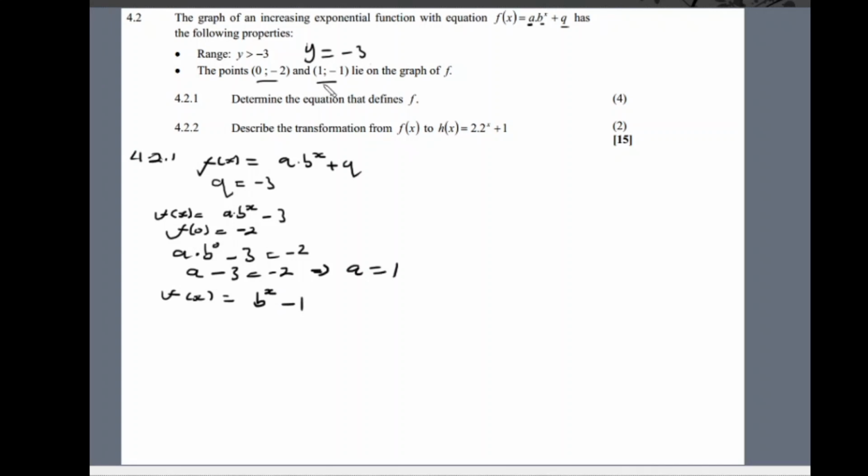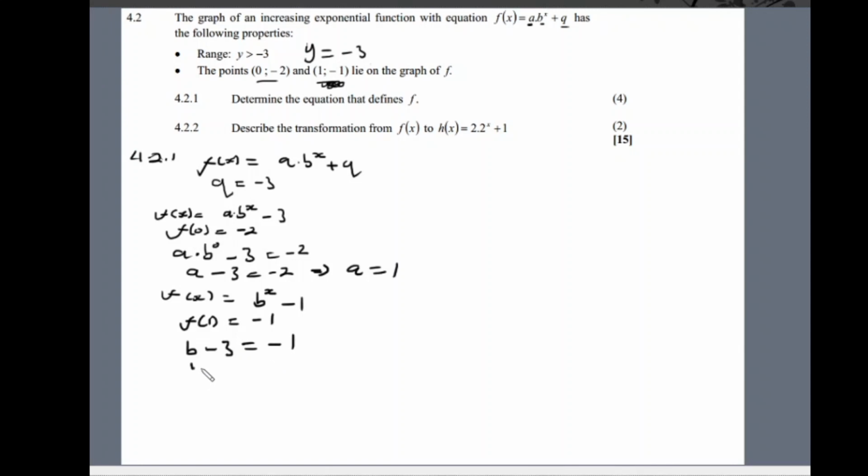And then now I can use this point to solve for the value of b, right? So when x is 1, y is -1, meaning when I substitute 1 in my equation, I should get -1, right? So now replacing x with 1, I will have b raised to the power 1, which is just b, and then -3 should be equals to -1, right?